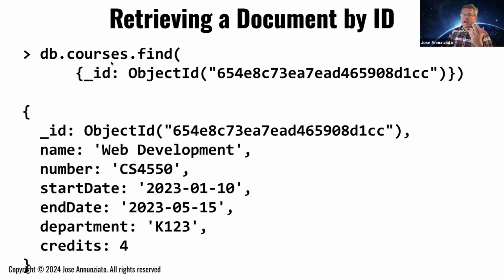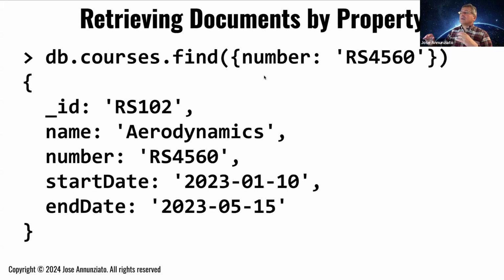So for instance, here we are matching by the primary key, and so it looks for a document that matches that primary key. Or you can pattern match against any field, for instance by the field number.